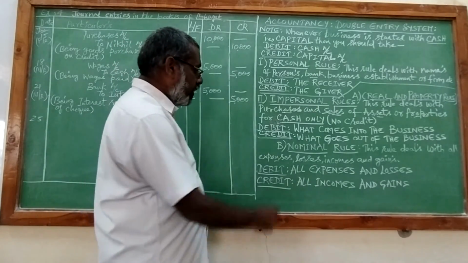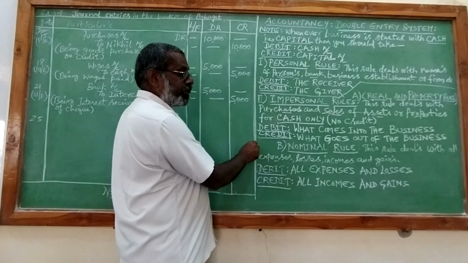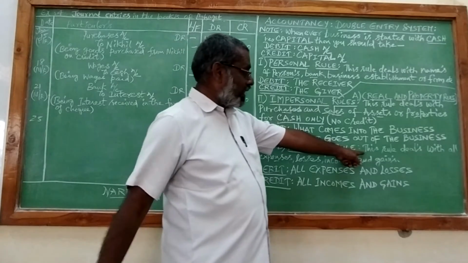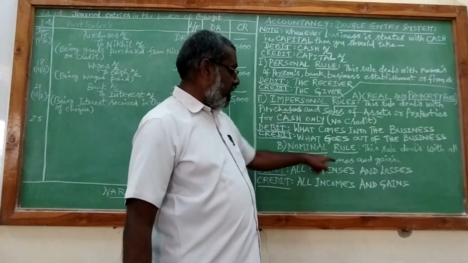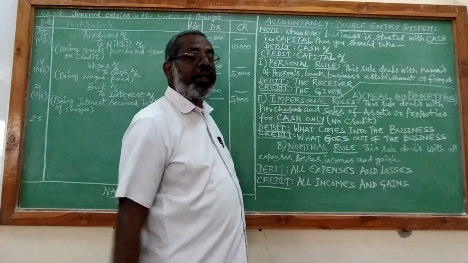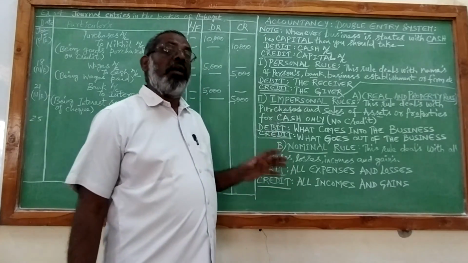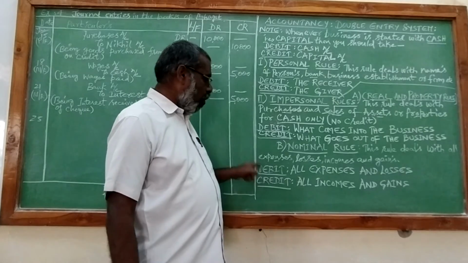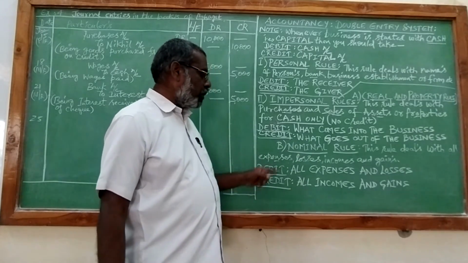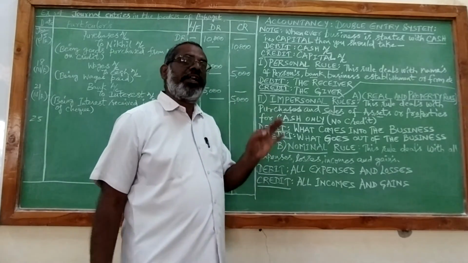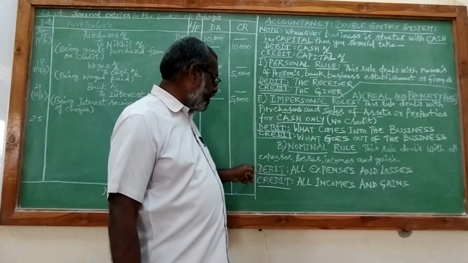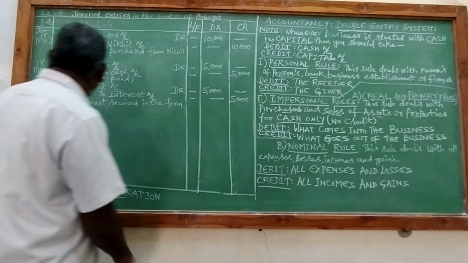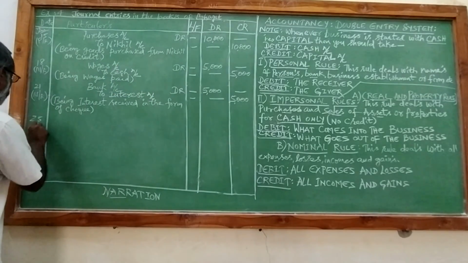You know already it is nominal rule because nominal rule deals with all expenses and losses, incomes and gains. You are spending on advertisement for your business expansion. So it is debit all expenses and losses, credit all incomes and gains. Advertisement expenses should be debited. So it is nominal rule.